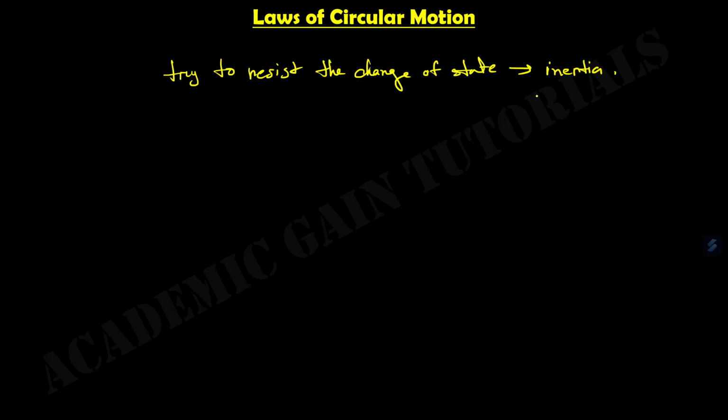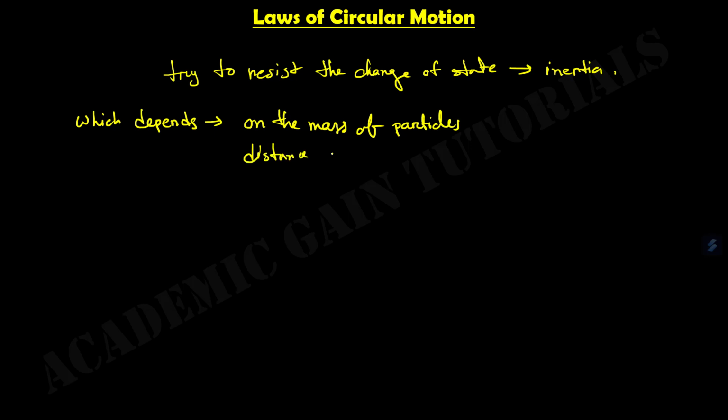So like this kind of linear inertia, there is another kind of inertia which depends on the mass of particles and the distribution with respect to the rotation axis, or you can say the distance of the particle from the rotation axis.